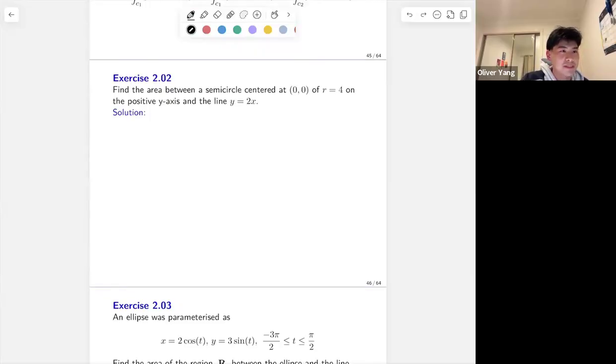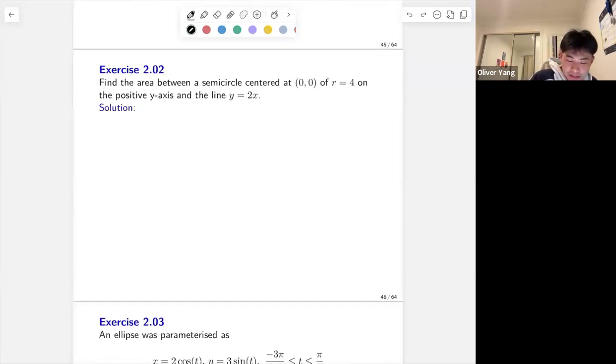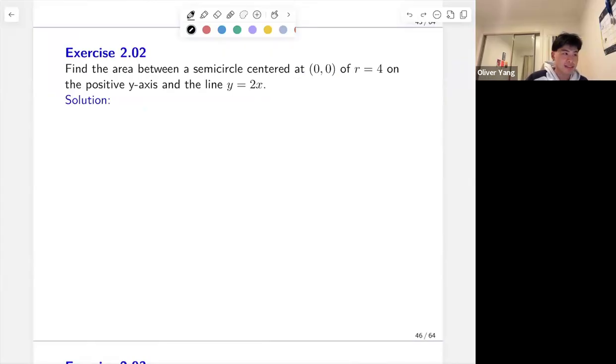No one wants to have a go? Okay, why don't we do it? The upper half semicircle is just going to be y equals the square root of 16 minus x squared.